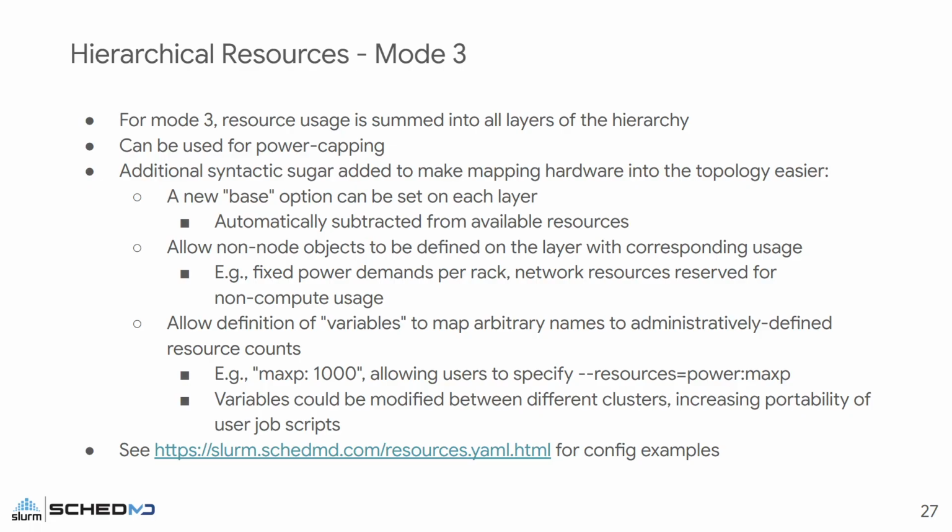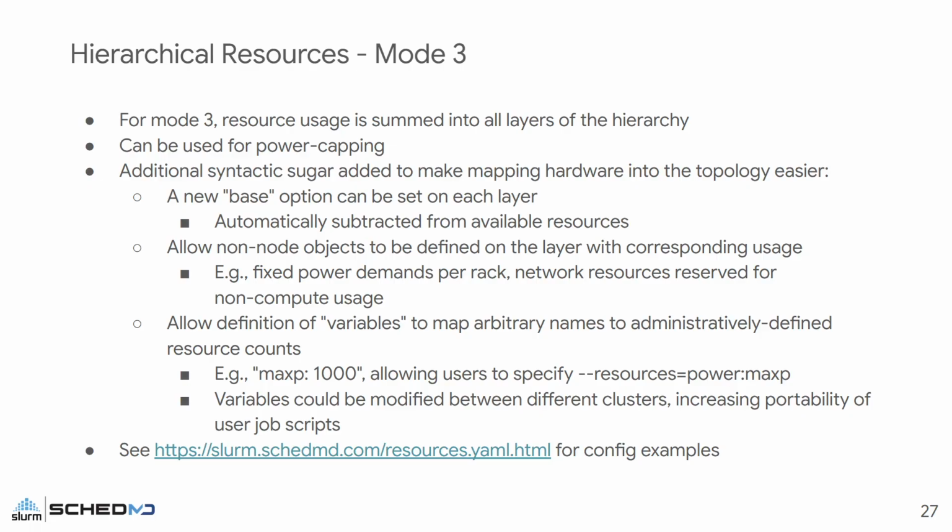I mentioned previously that hierarchical resources were going to get expanded. So the 2511 release is where we introduce this concept of mode 3. In mode 3, the resource usage is summed into all layers of the hierarchy. So rather than the usage either being equivalent or just used out of one of the layers, here the usage is aggregated as you go further and further up the hierarchy.